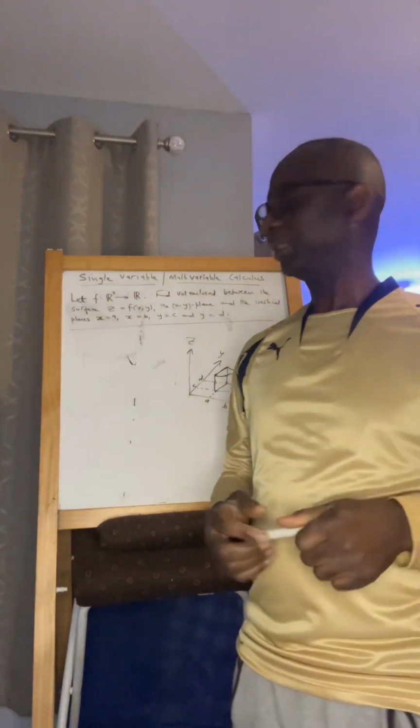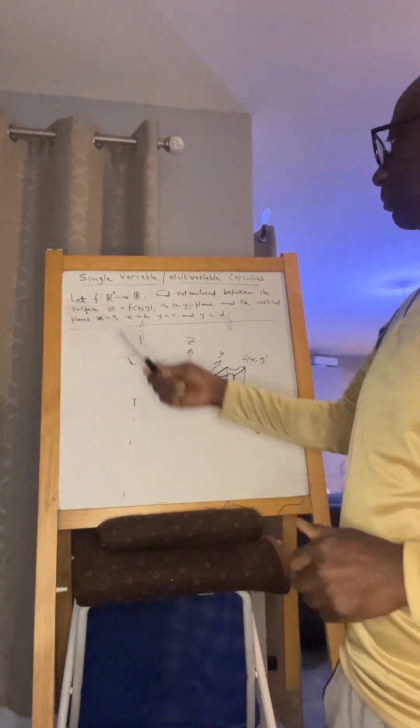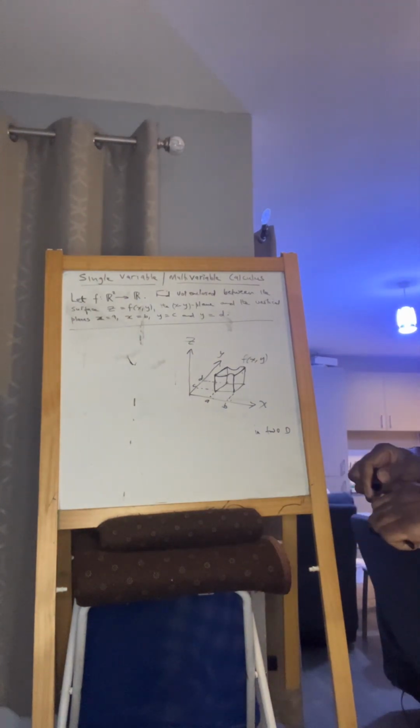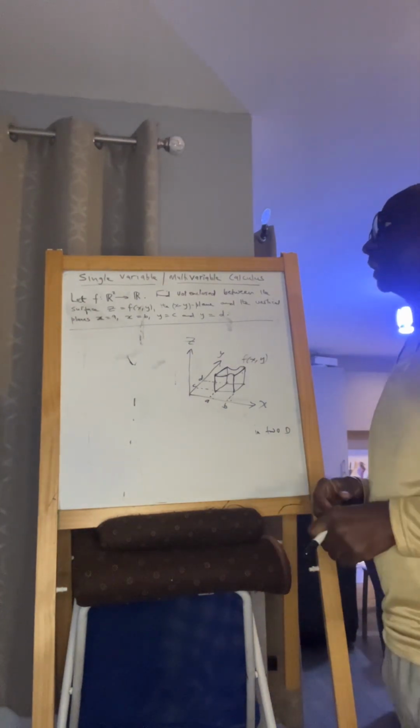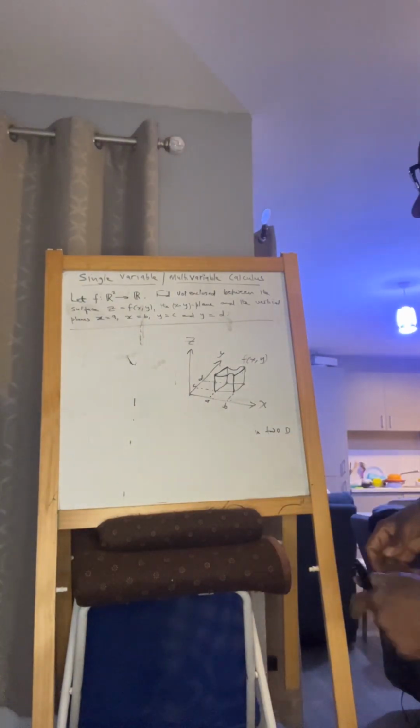What we are mostly familiar with is integrating functions from single variable calculus. What that means is that in single variable calculus, we are simply using one dimension to calculate.